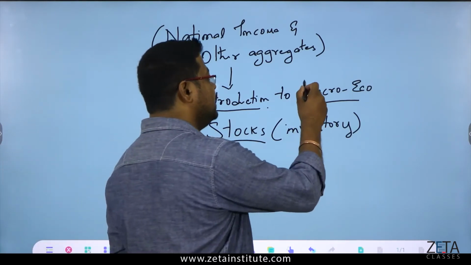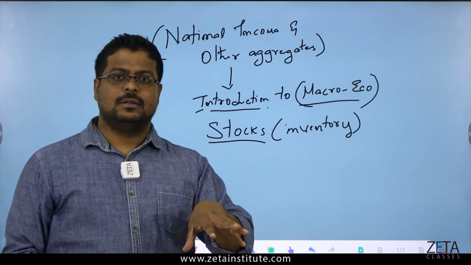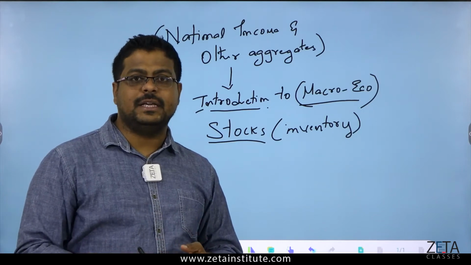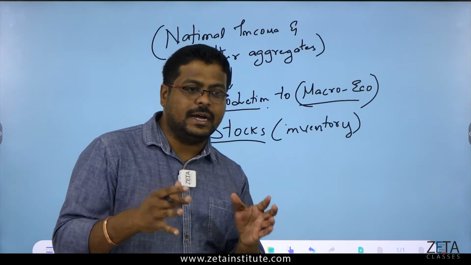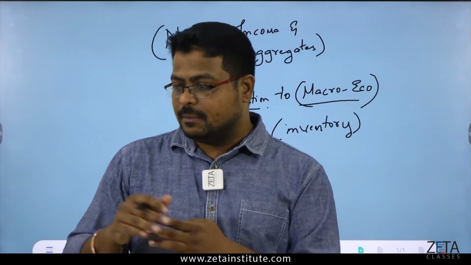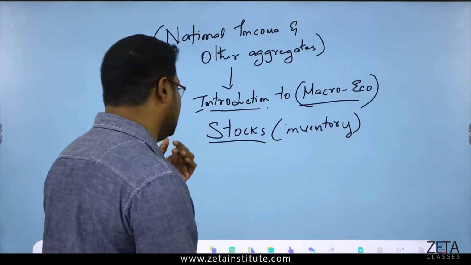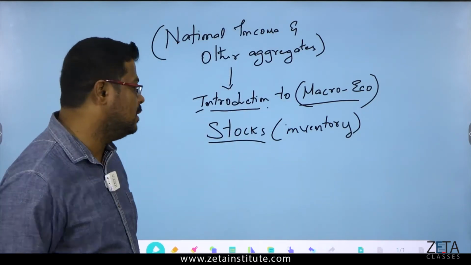We are talking about the country here, so in macroeconomics, inventories are stocks. Stocks can be items which are ready to go to the market but are still with the company or industry. Those are called stocks, or inventory.